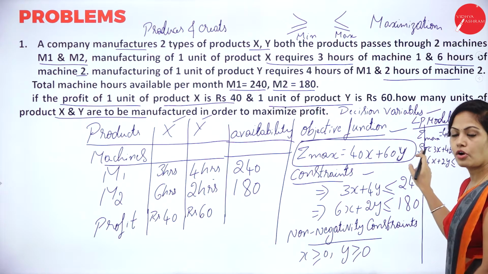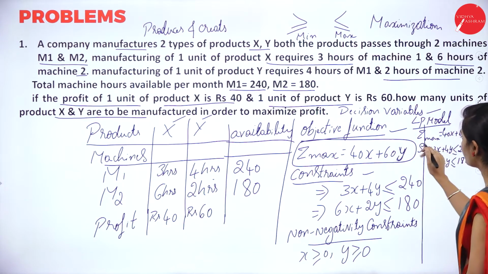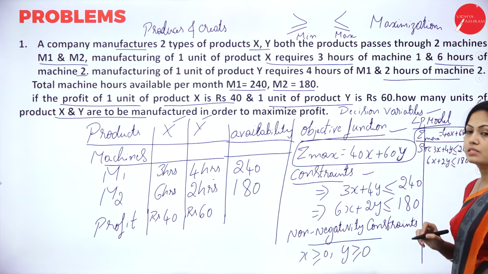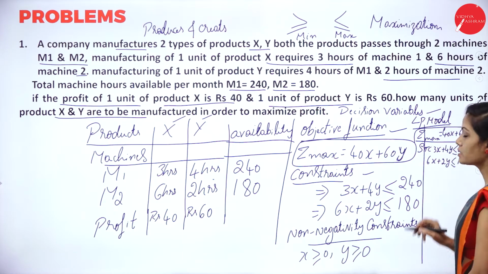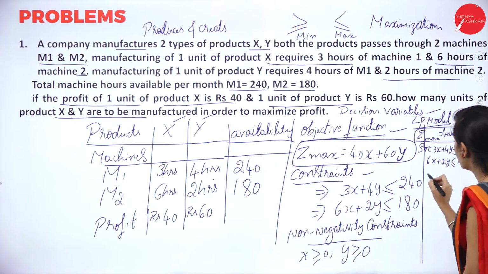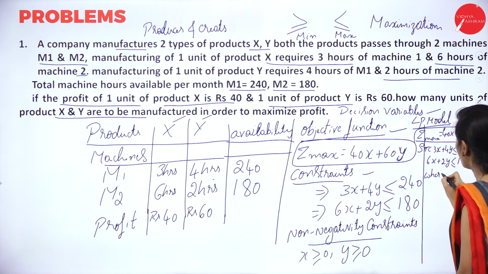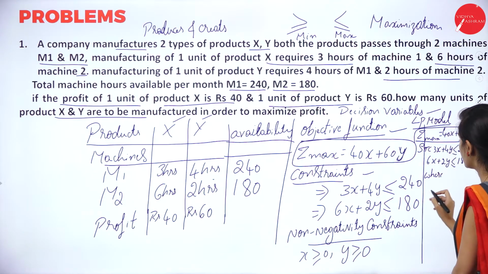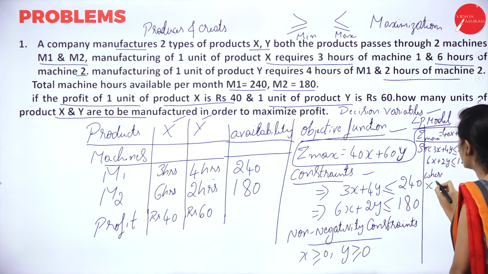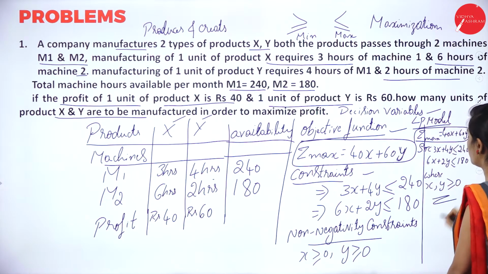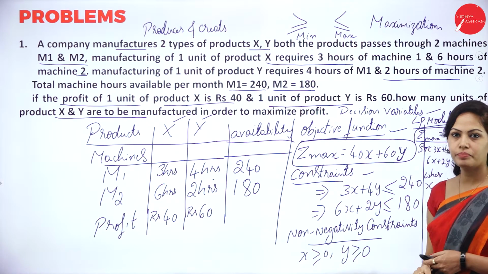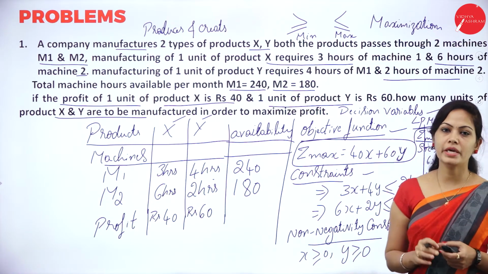So first we have Z max, that is the objective function. Next is subject to constraints and next is non-negativity constraints. We have two decision variables where x is greater than or equal to 0 and y is greater than or equal to 0. This is the non-negativity restriction. So this is your LPP model.